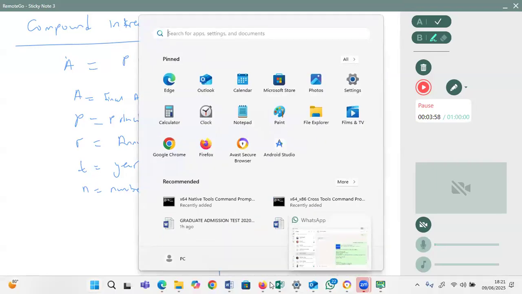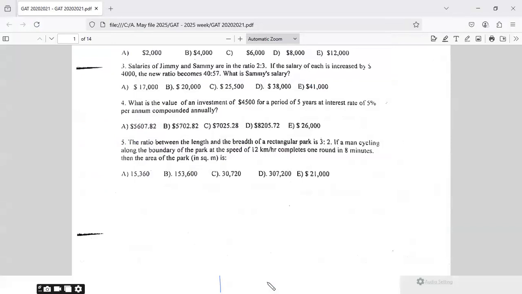Our question says: what is the value of an investment of 4,500 dollars over a period of 5 years, interest of 5% per annum, compounded annually?